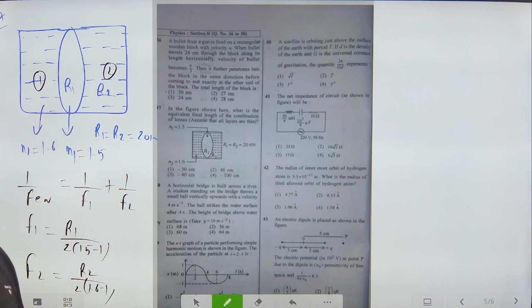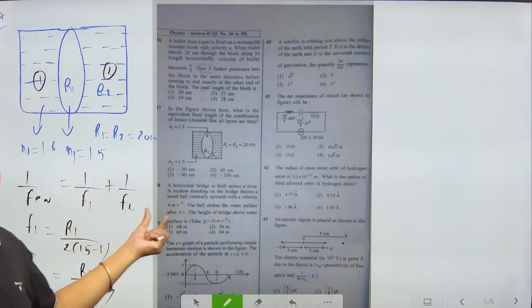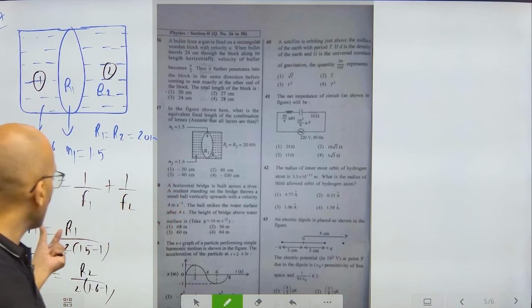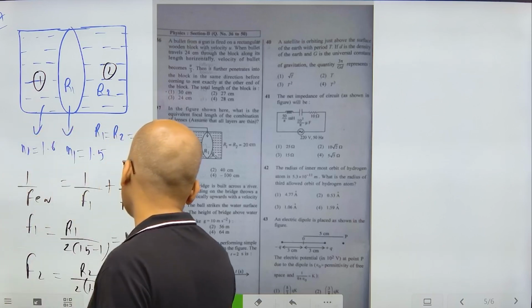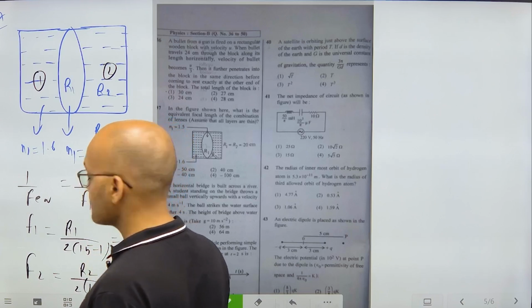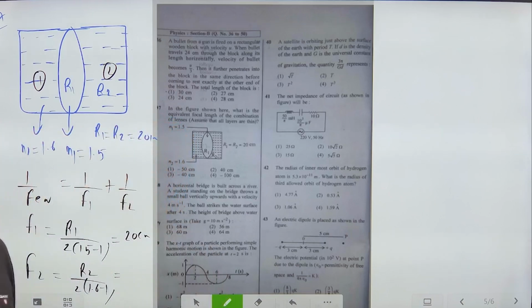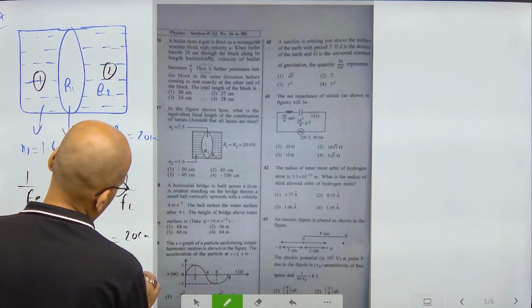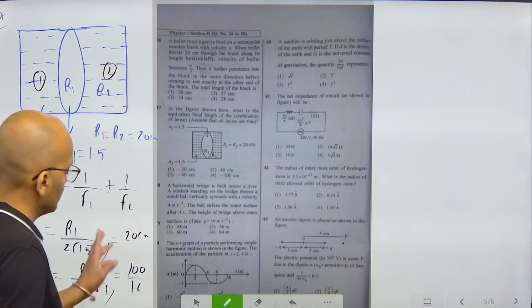Put the value of R1 and R2 here. Now when you put the value, F1 will come out as 20 centimeters, and this will come out as your F2. F2 comes out as 100 upon 6, centimeter.